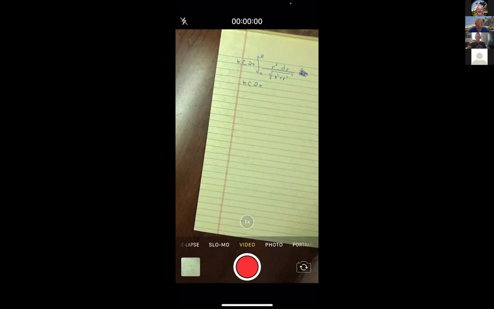So to save the work of the mathematics, we don't actually do the calculus. If I did this, integral of, I'll just spell it out, x squared over square root.